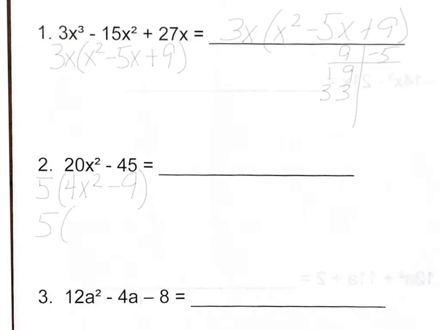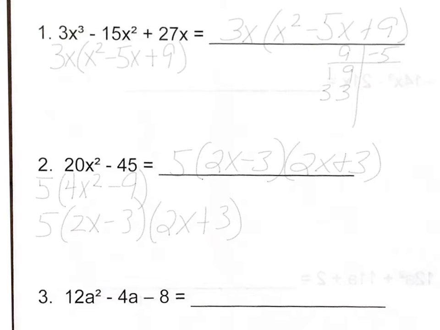So we have 5, 2x minus 3, because remember it always has to be negative, and 2x plus 3. And we're done.